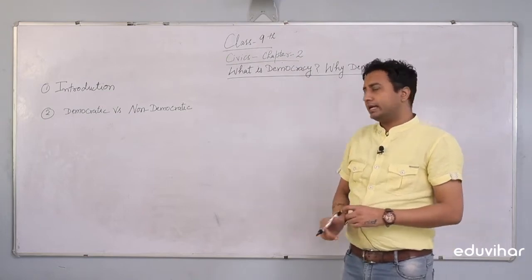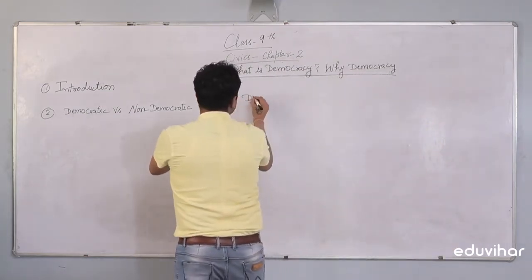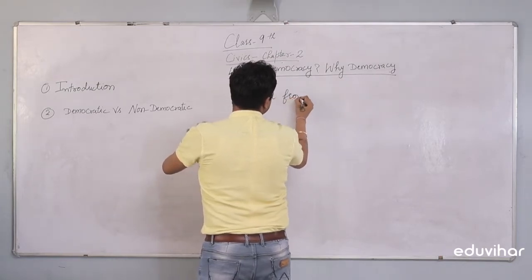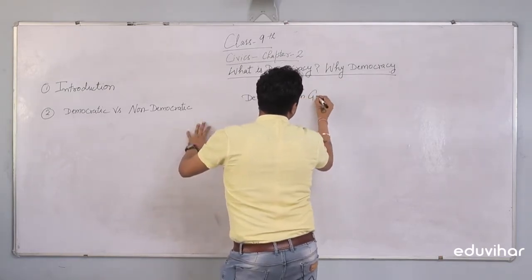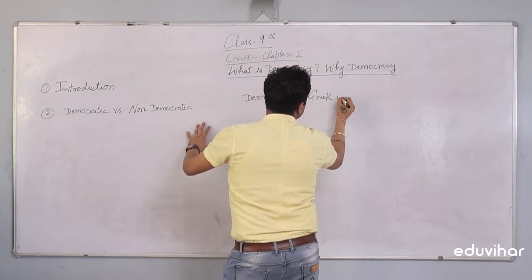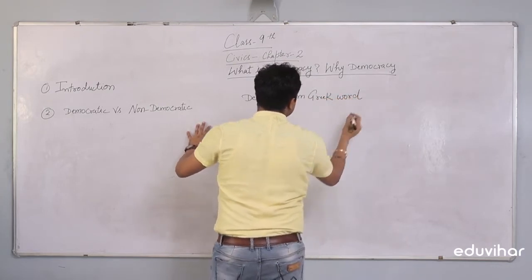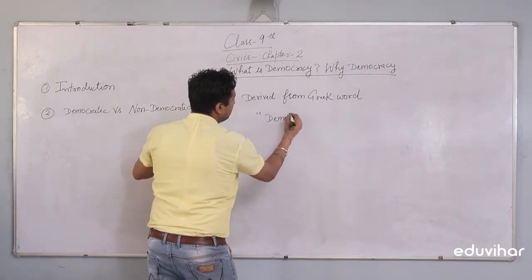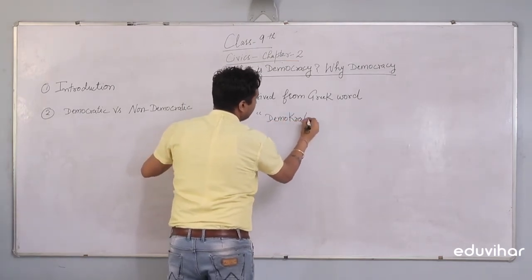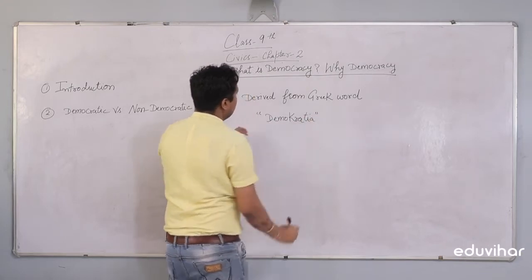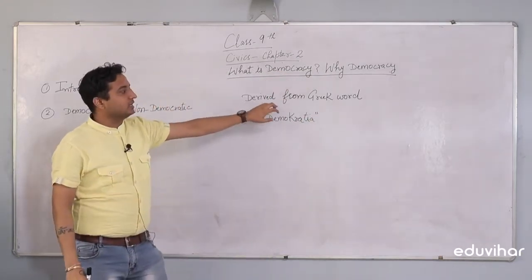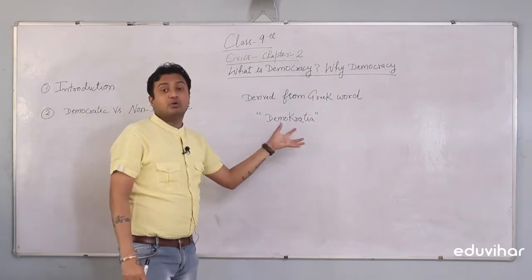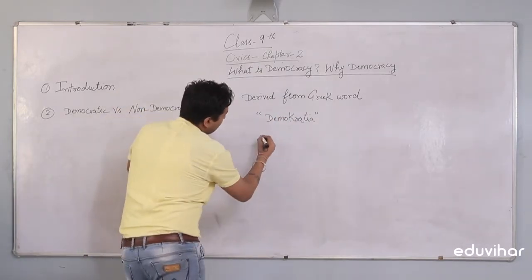Democracy, this word is derived from the Greek word democratia. This word democracy is derived from this Greek word democratia. What does democratia mean?